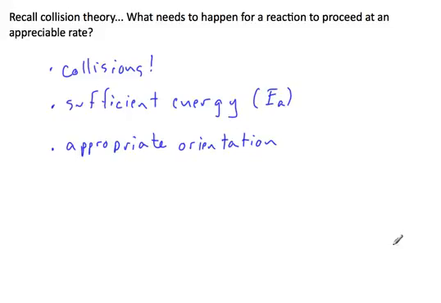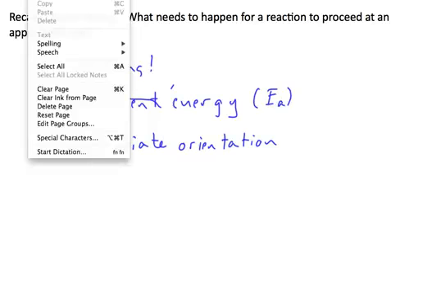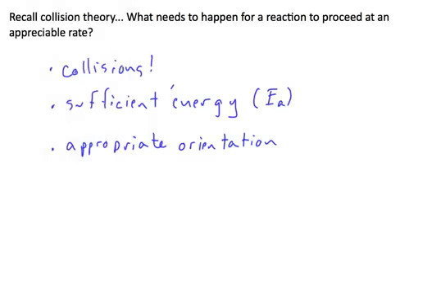So those are the main things that have to happen for a reaction to take place. So we're going to focus in on this one for the time being, collisions.